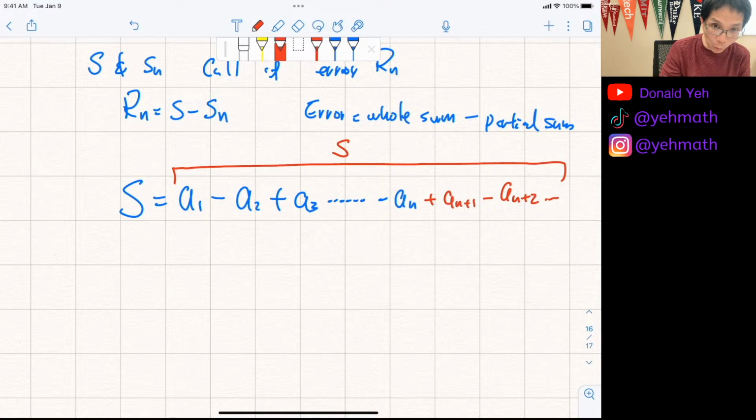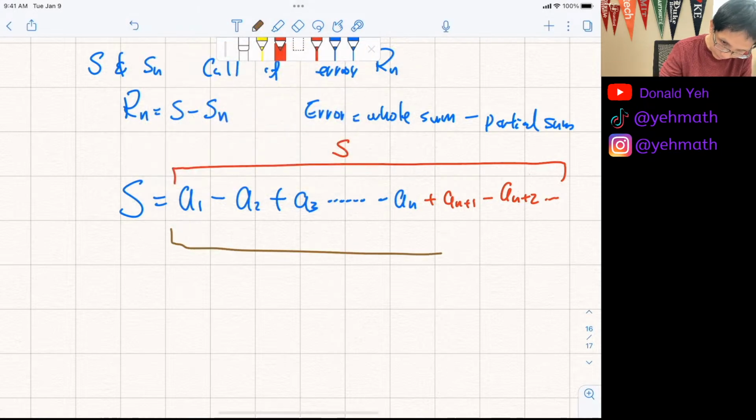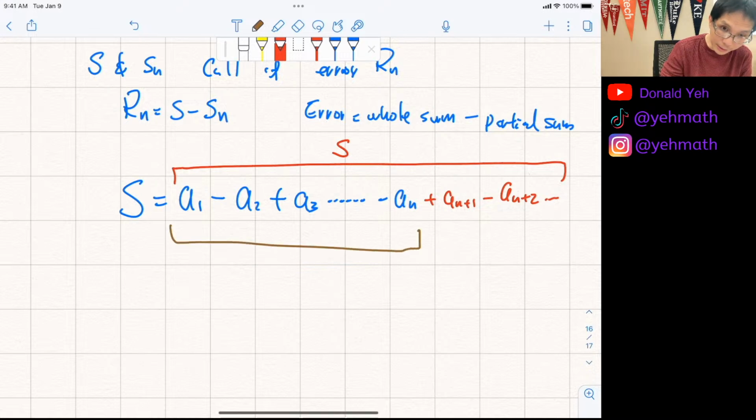But right before that, up to Sn, we're going to call it the partial sum. So this is Sn, a partial sum. That makes sense because it's a part of the whole. Now, what is this part?